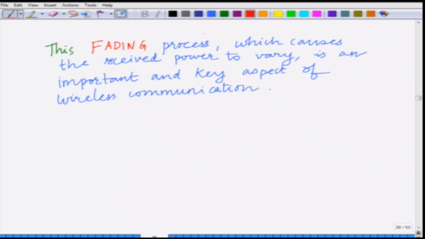So, this is a very important aspect and it has a significant impact.